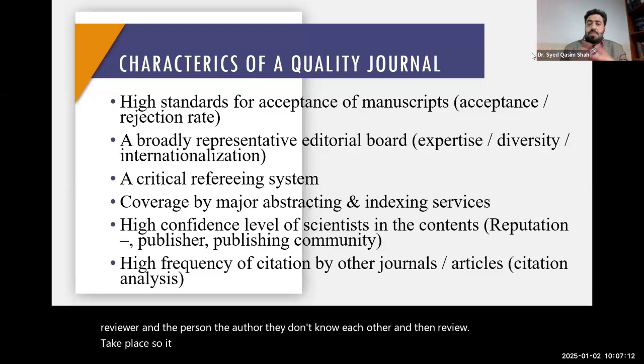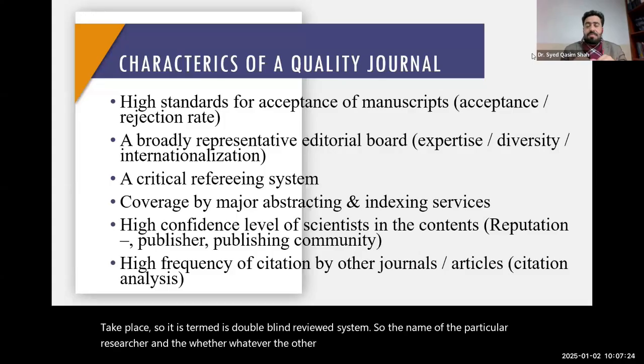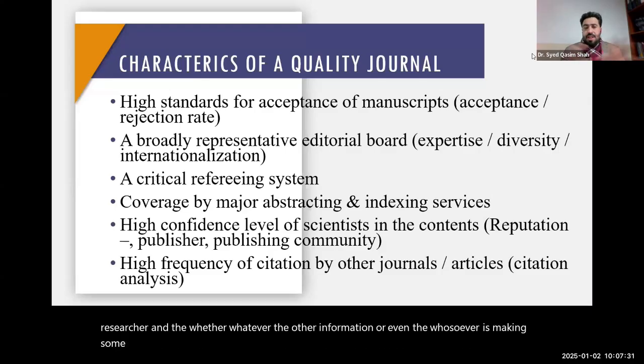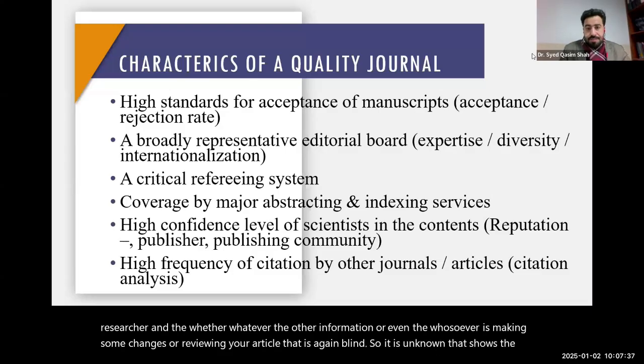It is termed a double-blind review system. The name of the researcher and any other information, even who is making changes or reviewing your article, is again blind, so it is unknown. That shows the journal possesses certain quality.